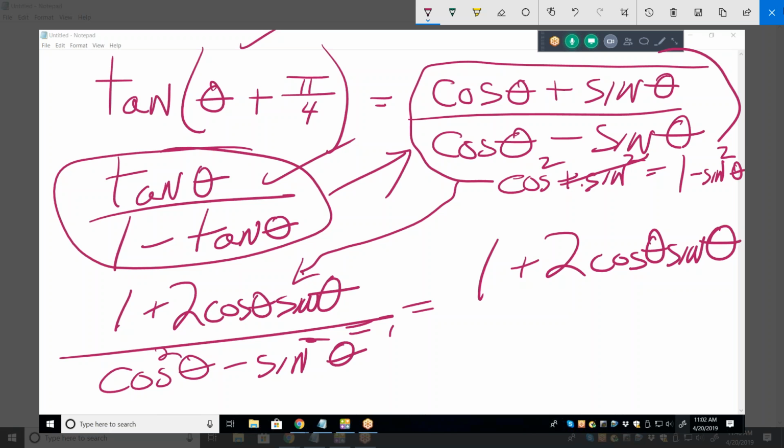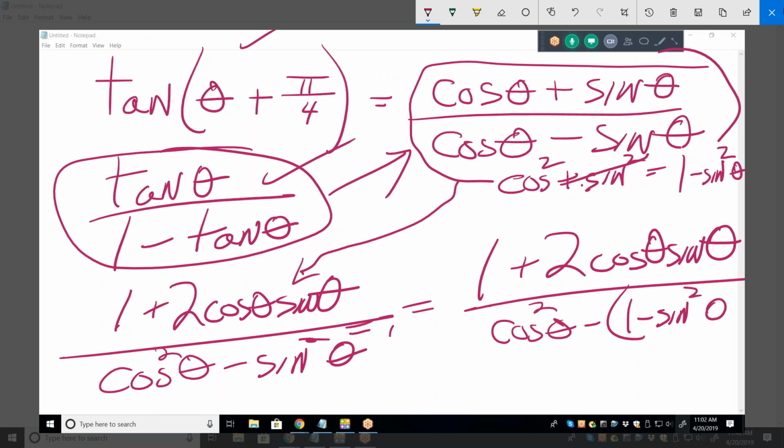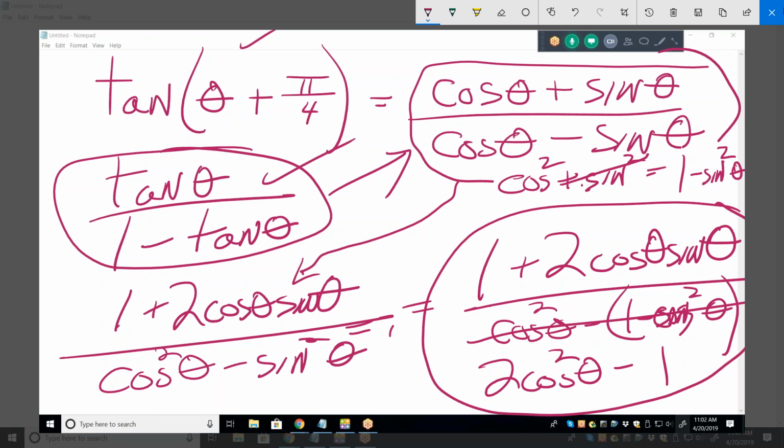Which means that this denominator becomes cosine squared theta minus 1 minus cosine squared theta, which becomes 2 cosine squared theta minus 1. We still aren't getting anywhere.